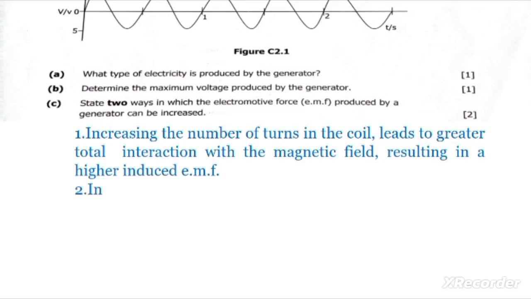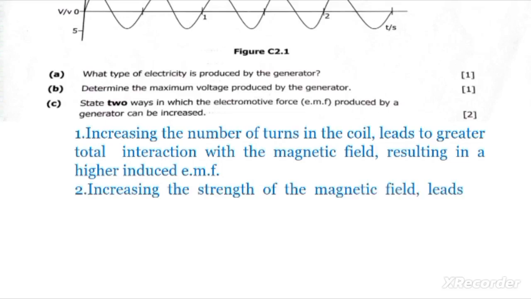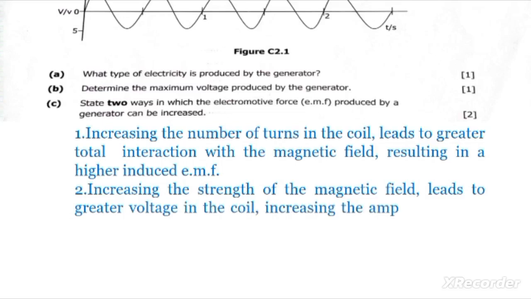Number two, increasing the strength of the magnetic fields leads to greater voltage in the coil, increasing the amplitude of the waveform. So we have stated two ways in which electromotive force can be increased.